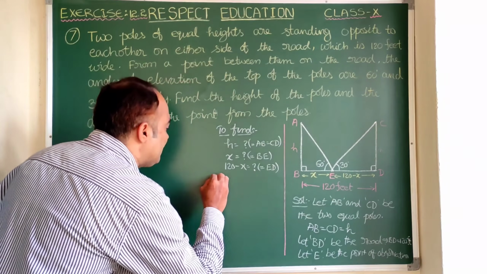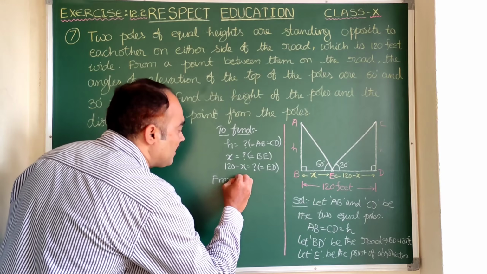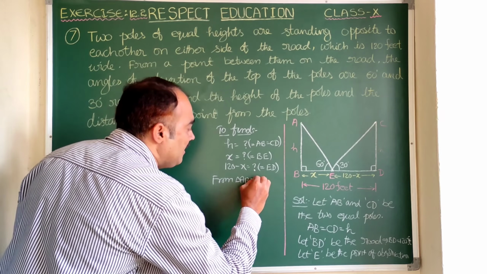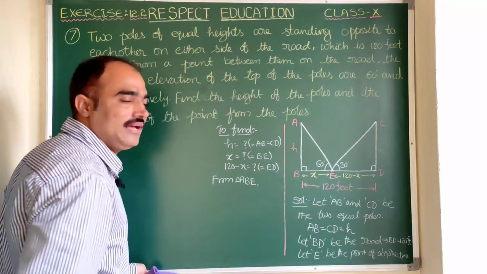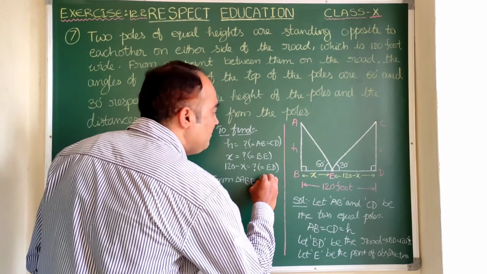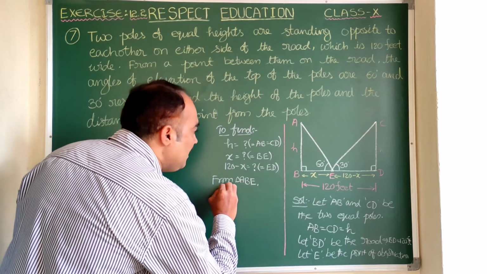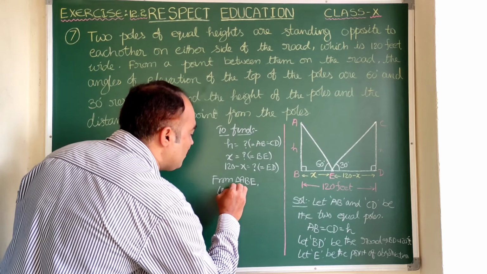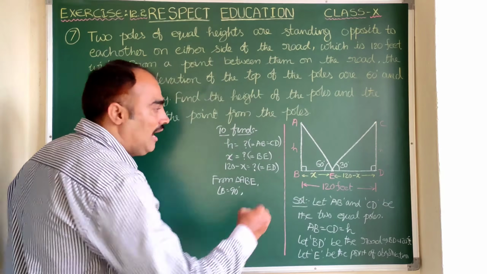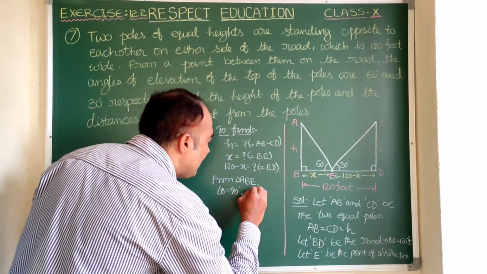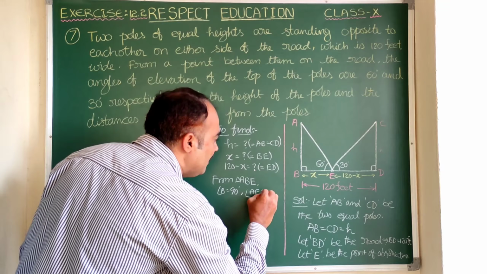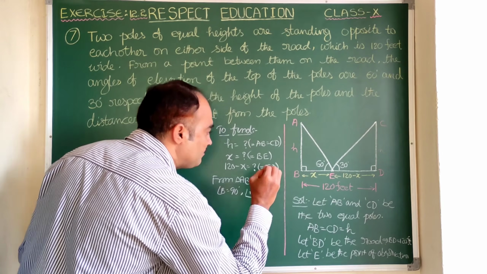So let us take the first triangle, triangle ABE, in which angle B is equal to 90 degrees and angle AEB is equal to 60 degrees.